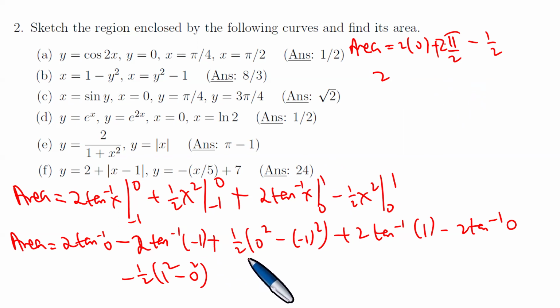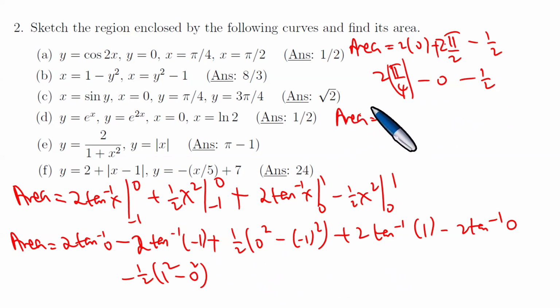Okay, let's just check these things out. So you come to this one, arctan 1, which is pi over 4, minus 0, minus 1 area. Even this one is pi over 4, please.